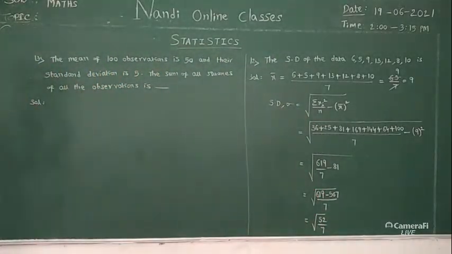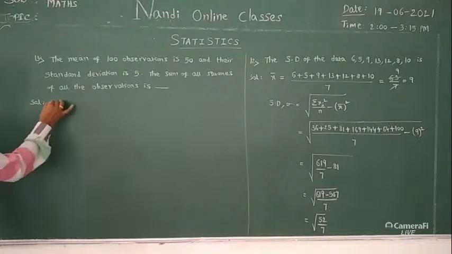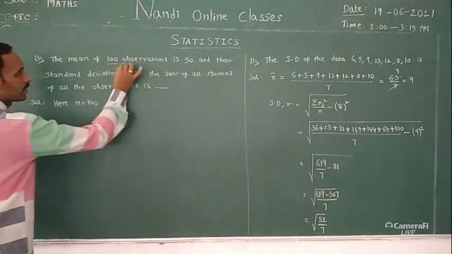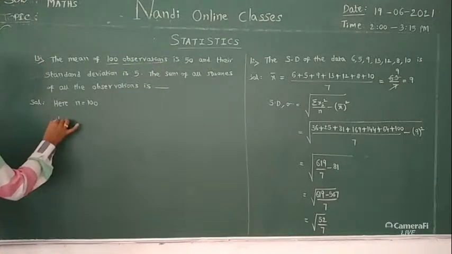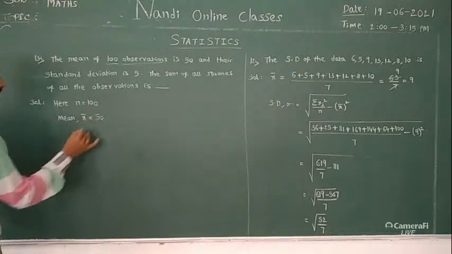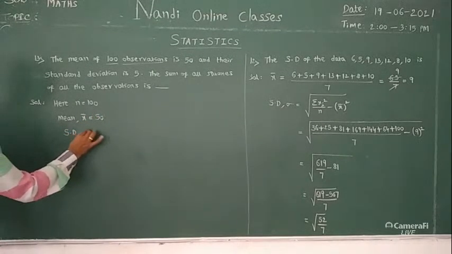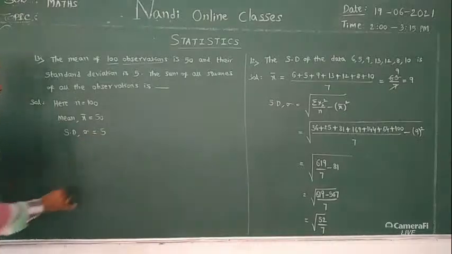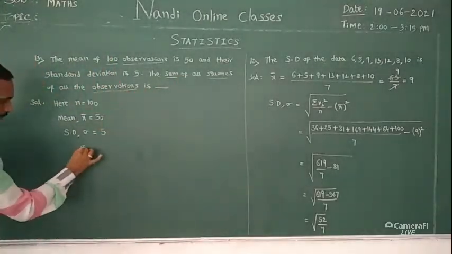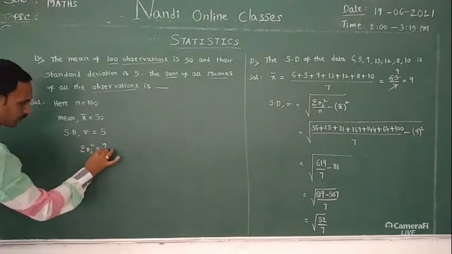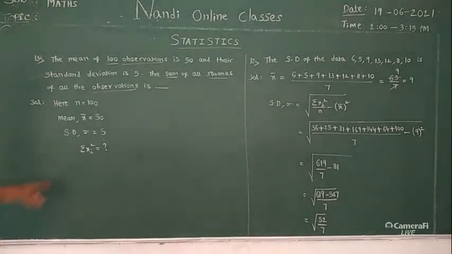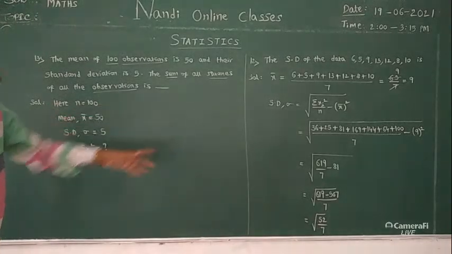Sum of squares is asked. So here n is equal to 100, number of observations are 100, mean x bar is equal to 50, standard deviation sigma is equal to 5. I want summation xi square is equal to question mark. You know the standard deviation formula, apply that formula.